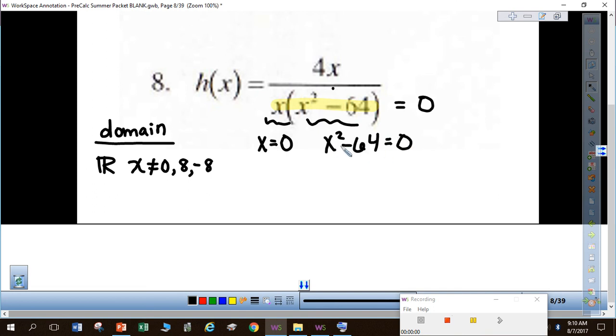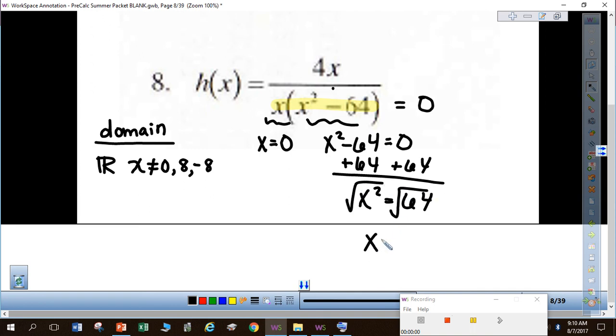So to solve this one, we would need to add 64 to both sides, but then we want to be really careful. So to solve for x, we would need to square root both sides. When we do a square root, we always have to put the plus or minus out in front, so that's how we get those two answers of 8 and negative 8.